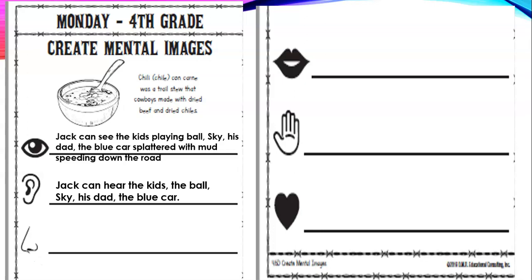You have 45 seconds. What can he smell? Remember, look at stanza 1. And we can infer that the time of day was probably in the evening because he says a very important word there. 30 seconds.